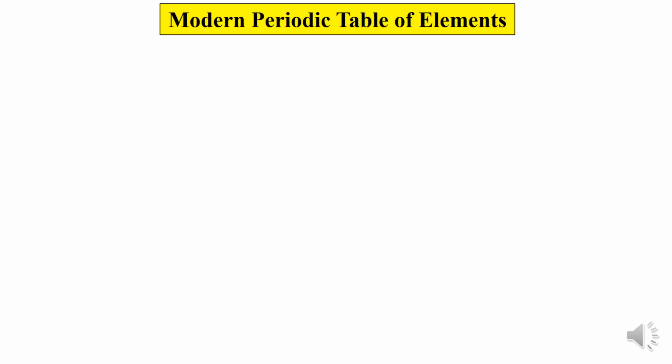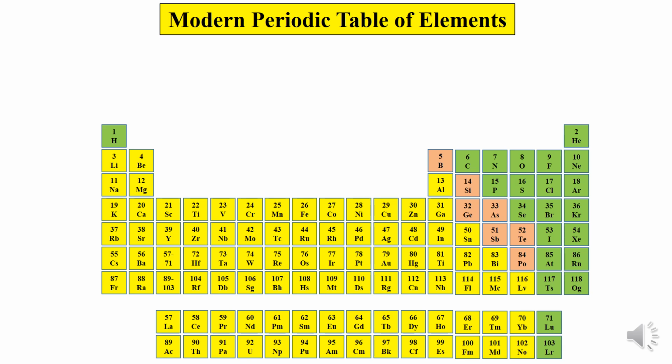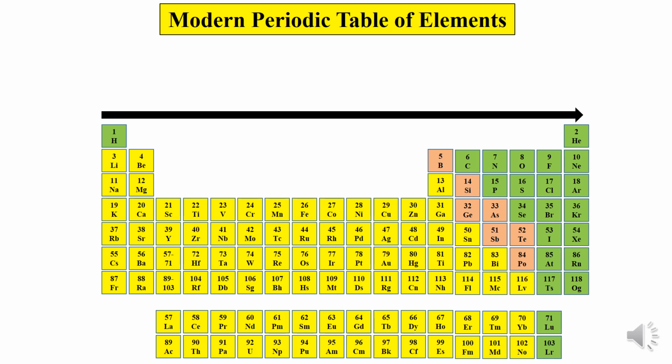Now let's consider the modern periodic table of elements. In the modern periodic table, the elements are arranged or organized in increasing order of their atomic numbers. As you move from left to right and top to bottom in the periodic table, you see that the elements are arranged in increasing order of their atomic numbers. And each element has its own unique identity and position.